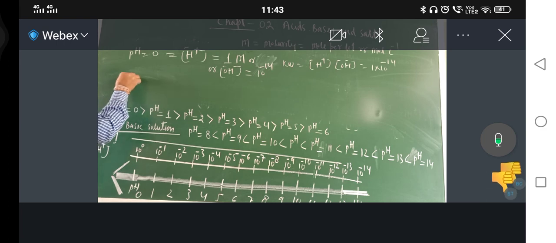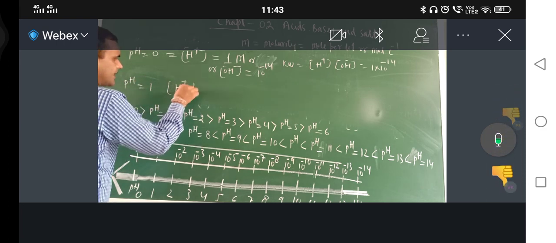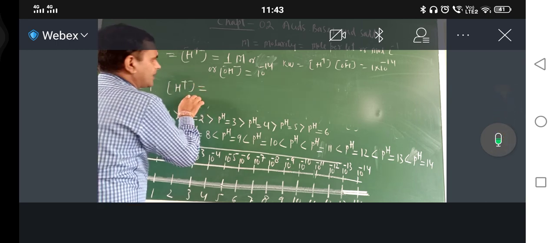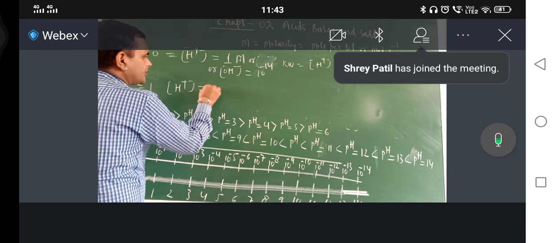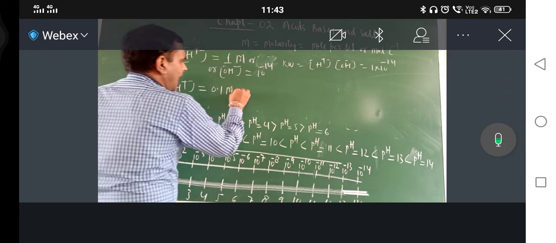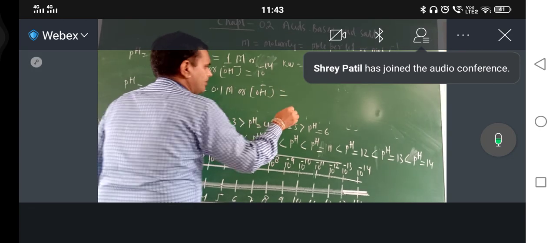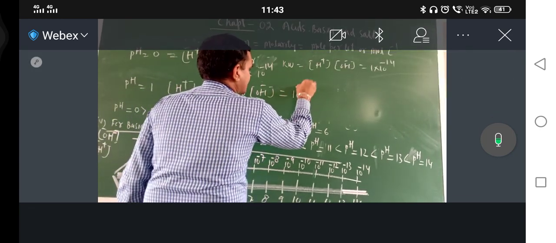If pH is equal to 1, H positive ion concentration would be equal to 0.1 capital M, or OH negative ion concentration will be equal to 10 raised to the power minus 13.